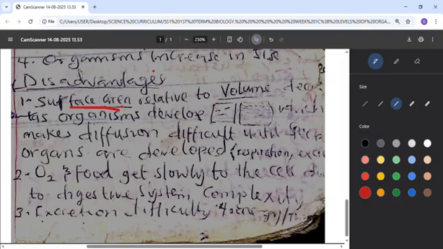So if there is space in small organisms, that's what we call surface area to volume ratio. So that's SAV. For small organisms, their SAV, surface area to volume, is large, meaning that there is enough space in small organisms. But for complex organisms like human beings, our own SAV would have decreased. It would have decreased, meaning that we have a low surface area to volume ratio, meaning that there is not enough space in our body.